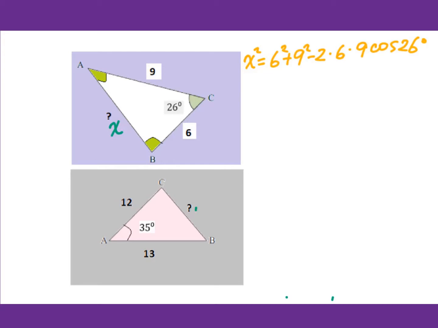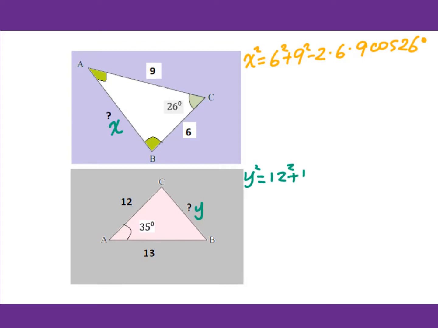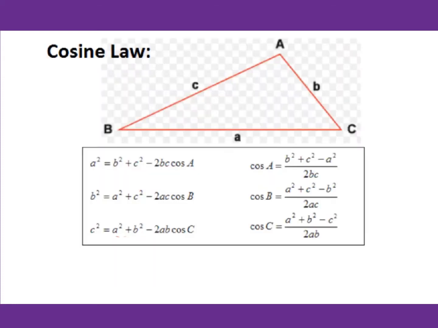For this question mark, let's label it as y. Therefore, y squared equals 12 squared plus 13 squared minus 2 times 12 times 13 times cosine 35 degrees.